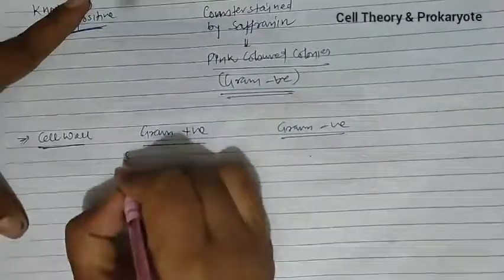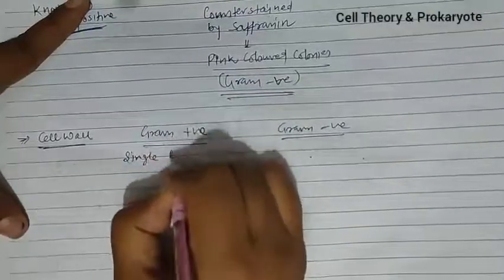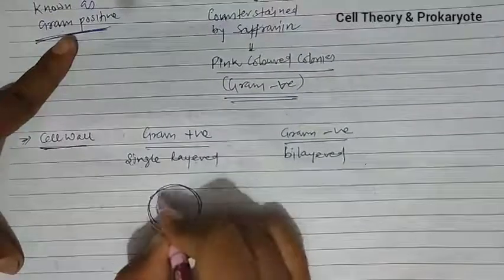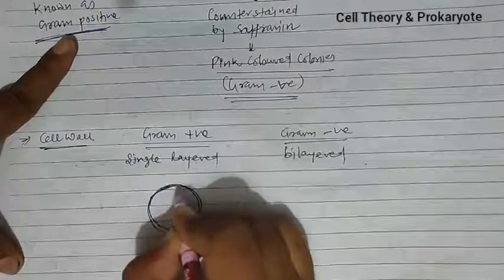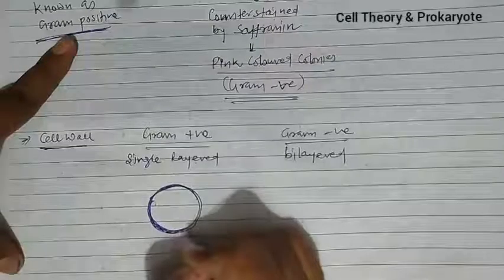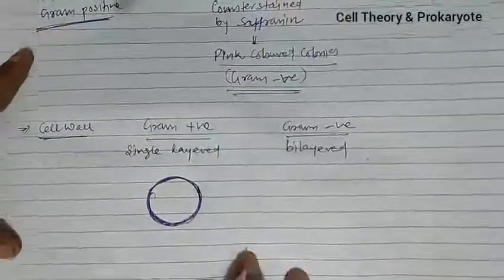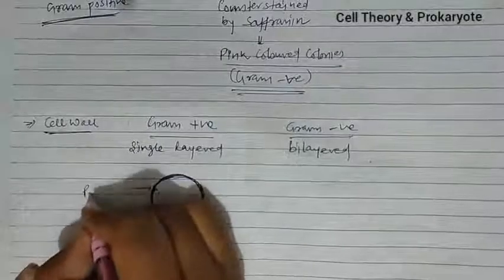In gram positive it is single layered, whereas in gram negative it is bilayered. In gram positive it looks like this, and it is made up of peptidoglycan.